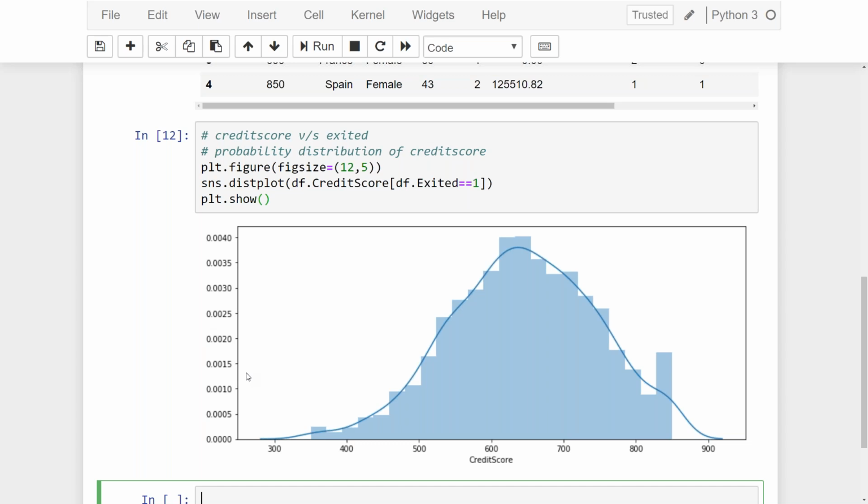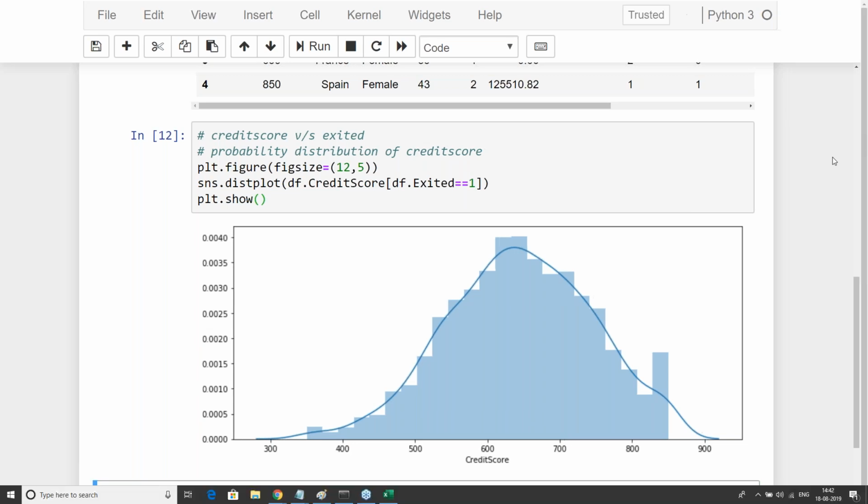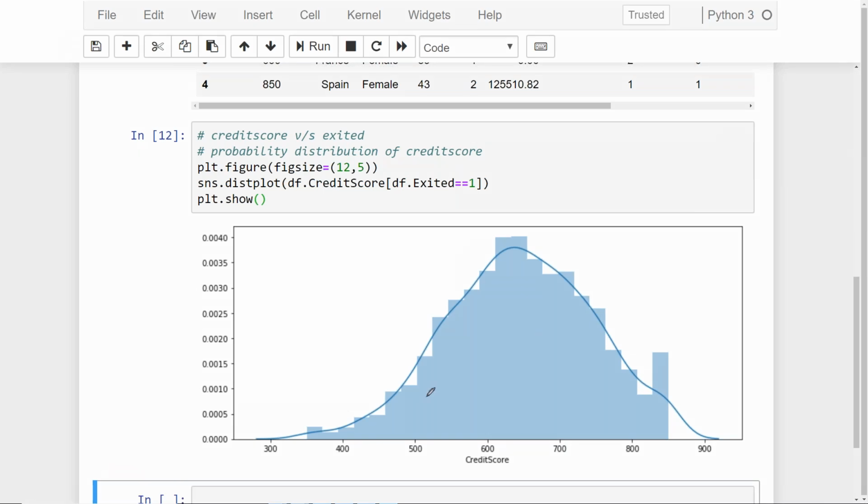We can see that there are fewer customers leaving the bank at lower values of credit score. The customers leaving the bank with a credit score between 300 and 500 are fewer.